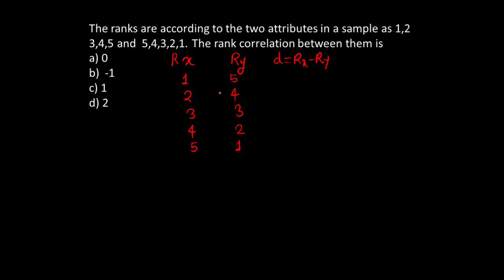Then it comes out like this. Then you find the square of this, because in the formula we want the square. So it is 16, 4, 0, 4, 16. Now the question may be in your mind that we know two different formulas for rank correlation. Which one should we use?